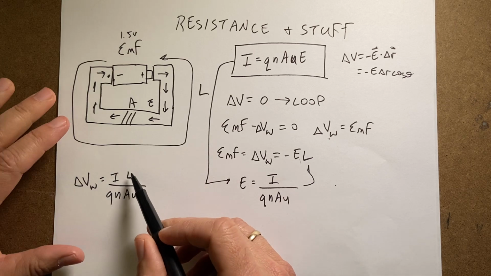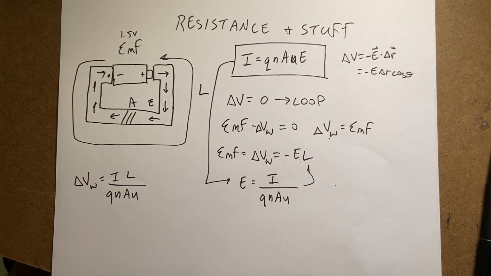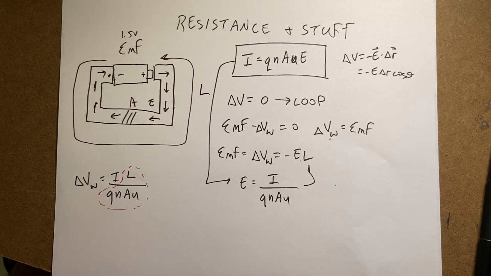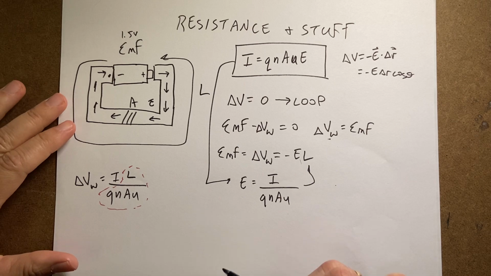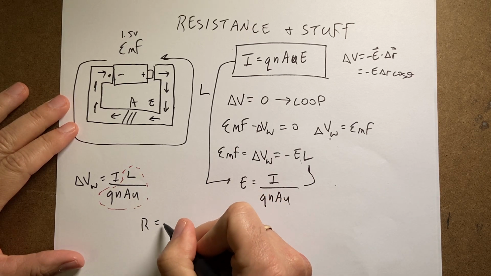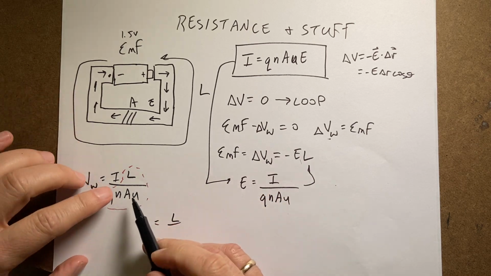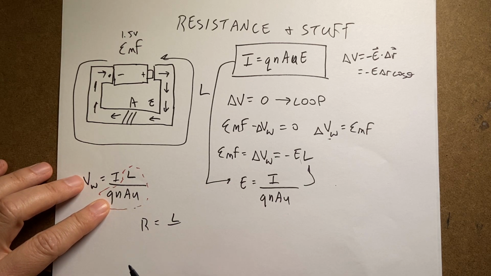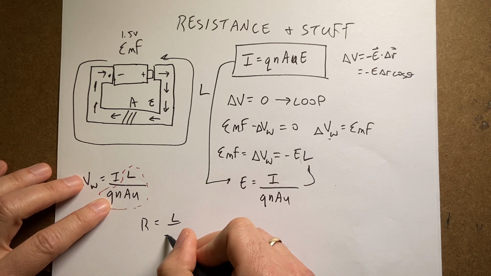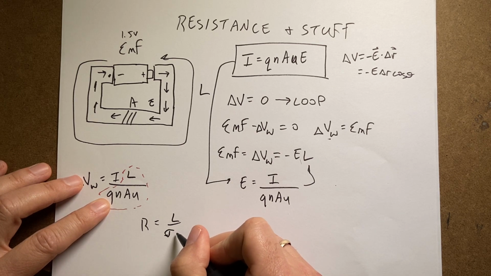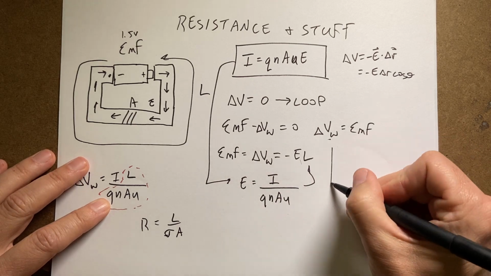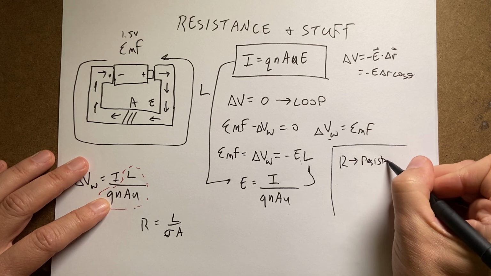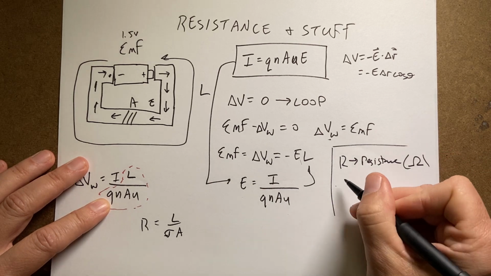So I can actually set all of that stuff. Actually, I'm going to change this. All of this stuff is constant. And I'm going to call that the resistance. And this is going to be L over, now, q, n, and u depend on the actual type, the properties of the material, and I'm going to call that sigma, the conductivity. So sigma, right over here, R is the resistance in units of ohms.